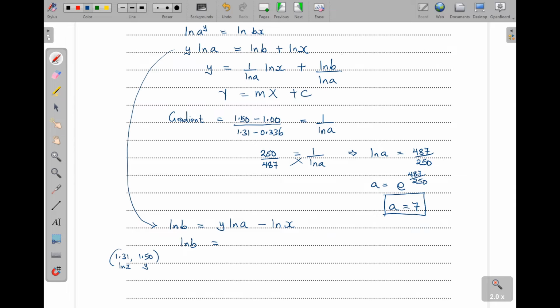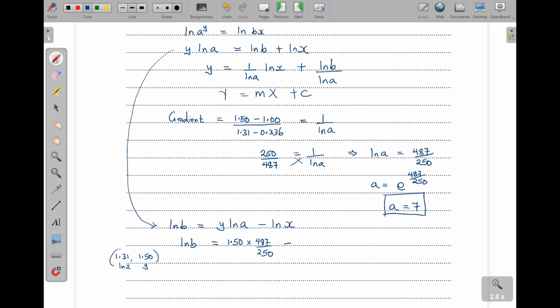So y is 1.50 and then natural log of a, do you see that it is this one here? So I'm going to use that exact one, not putting here natural log of 7. Okay, I'm going to put times 487 out of 250. You see that?